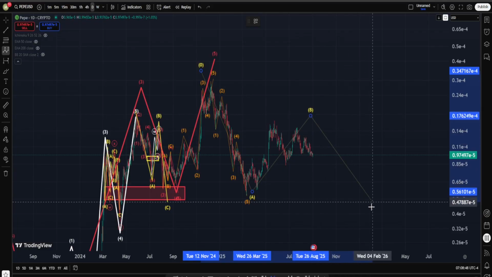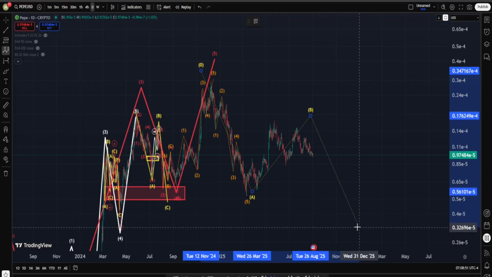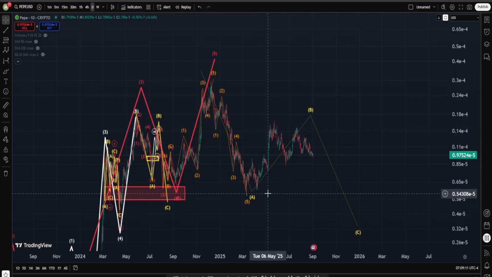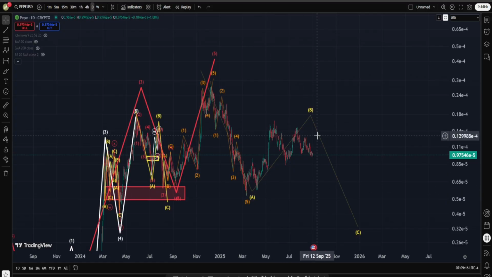Yep, you guessed it right. Unfortunately, another move down into our C leg, which in it we may go all the way down here and take the lows, which is about, let's say, 0.53. So this is one scenario suggesting in PEPE coin we really do not have a whole lot to be optimistic about, and odds are we are headed lower in order to set new lows.